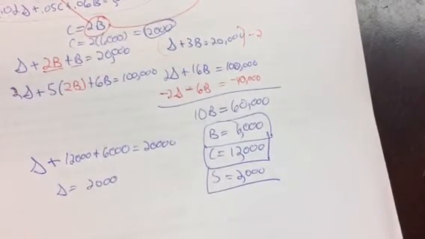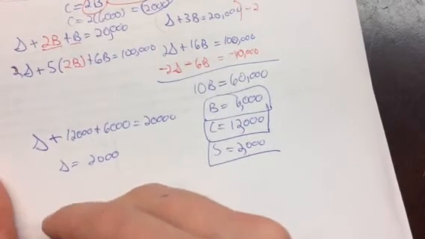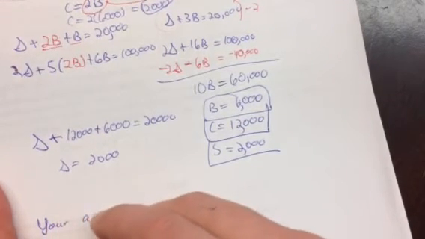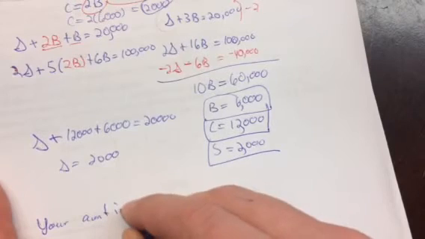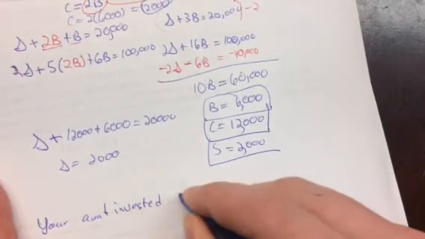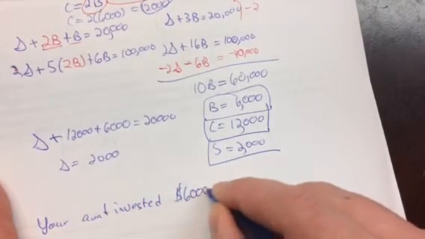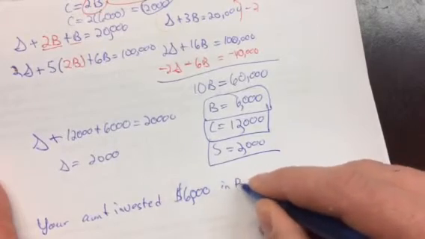This was about the lady who was trying to figure out how to invest her money. Your aunt invested $6,000. We want to make sure we have units in bonds.